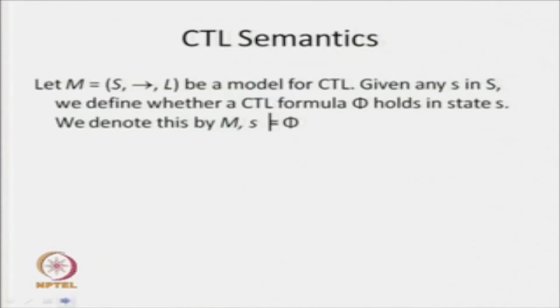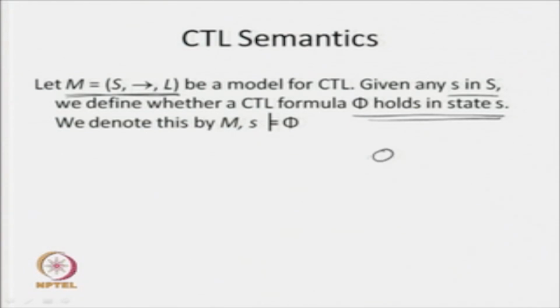Now, we are going to define the semantics of our CTL formula. It is like the temporal formula I have already described. In CTL also we are going to consider one particular model M, which is having these three components, set of states, transition relation and L, as a model of CTL. Now, given any state s of S, we define whether a CTL formula phi holds in this particular state or not, and we denote it by M, s models phi.